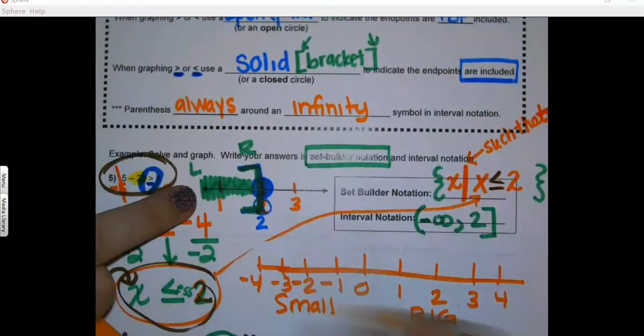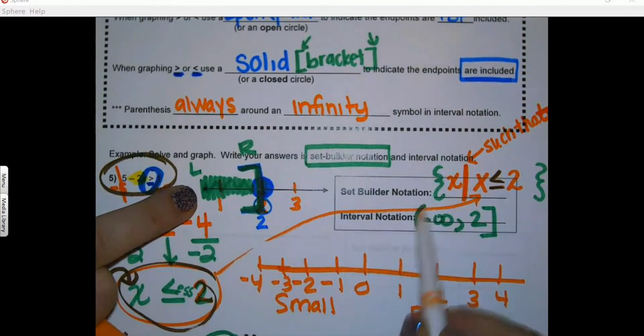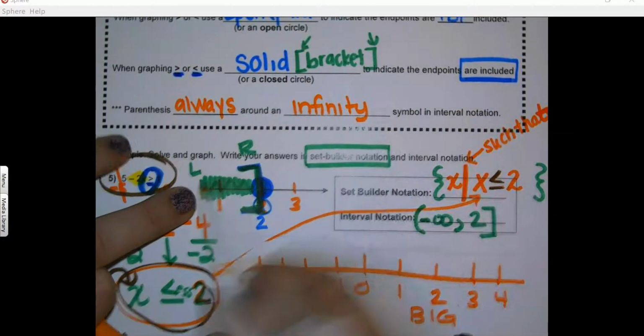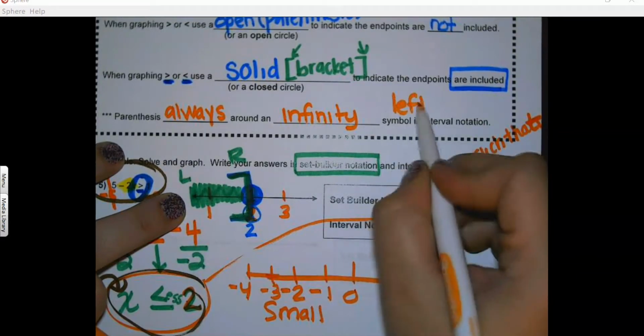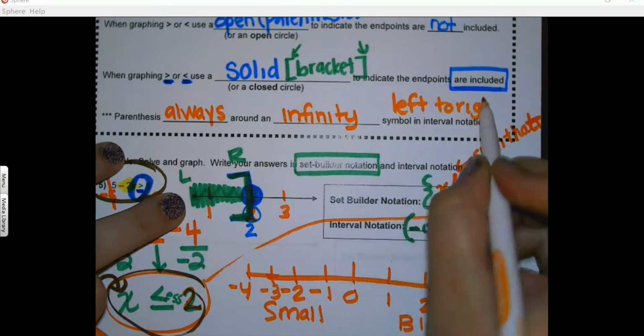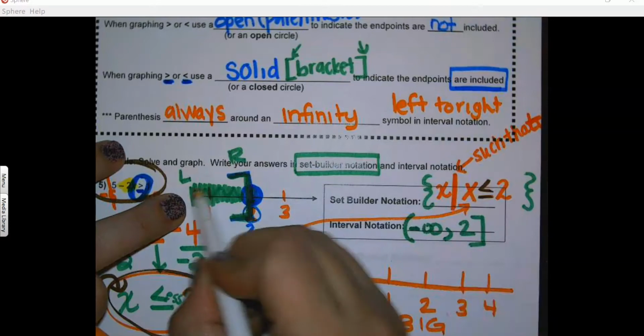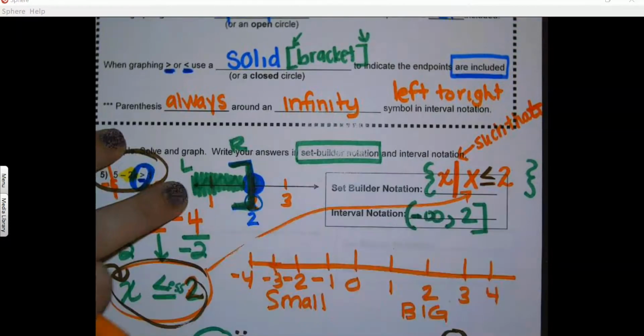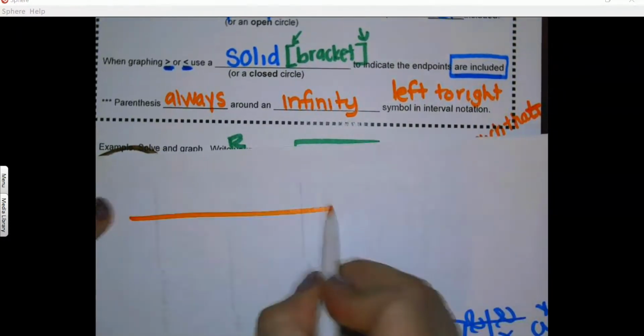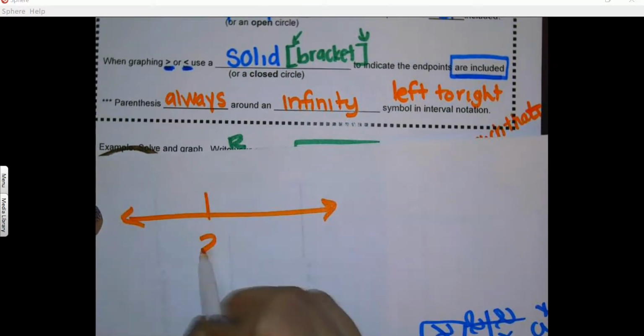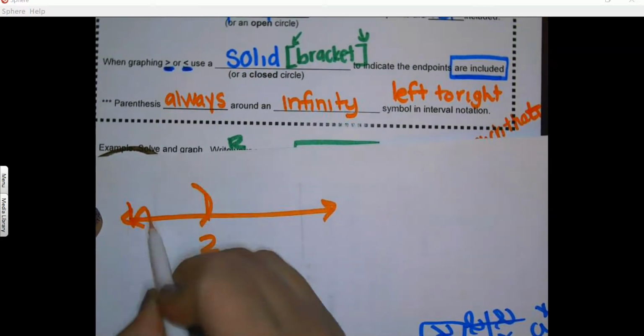in an interval notation. So again, interval notation is where you use parentheses or brackets and you go from left to right. You read the graph from the left to the right. So for example, let's say the graph looked like this.